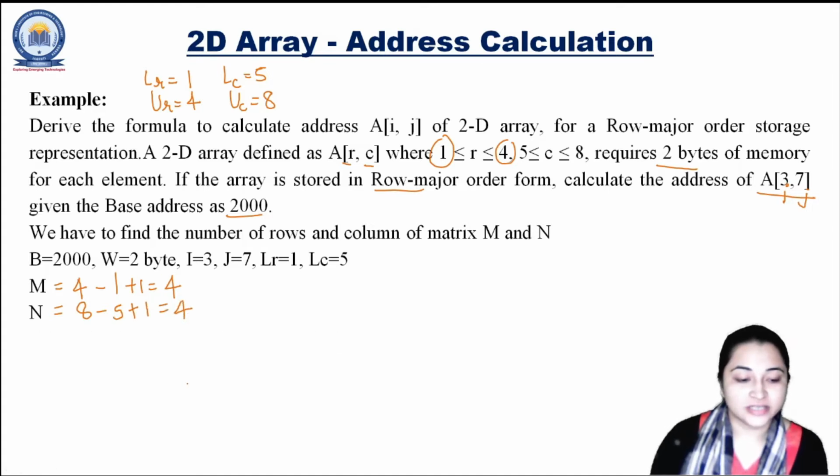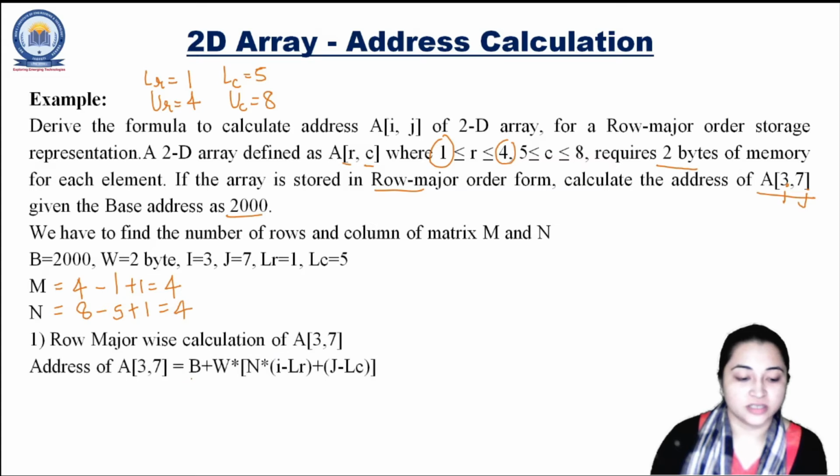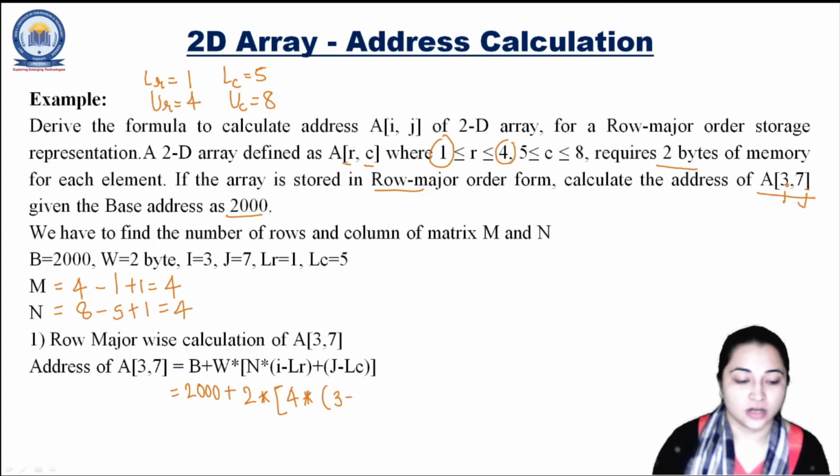Let us put all these values in the row major equation: base address, which is 2000, plus W, given as 2 bytes of memory, times N, which is 4, into i, which is 3, minus lower bound of row, which is 1, plus j, which is 7, minus lower bound of column, which is 5.